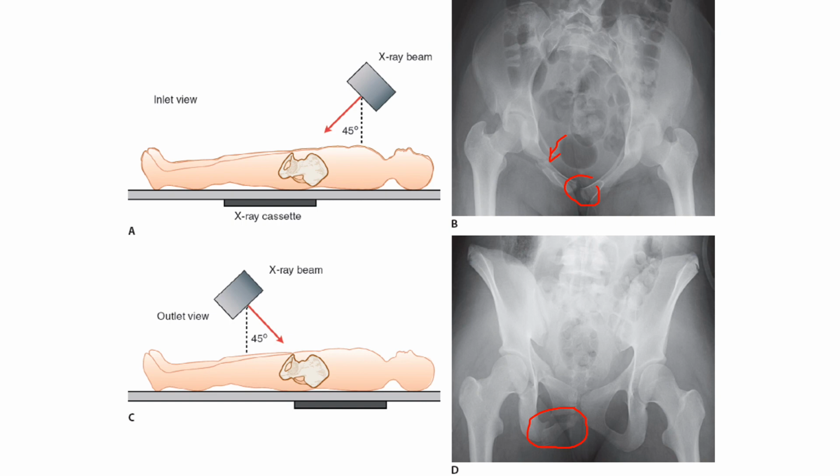In the lower X-ray picture, you would also appreciate a fracture of the right inferior pubic ramus. I'm not sure if my pointer is showing in your recorded presentation.